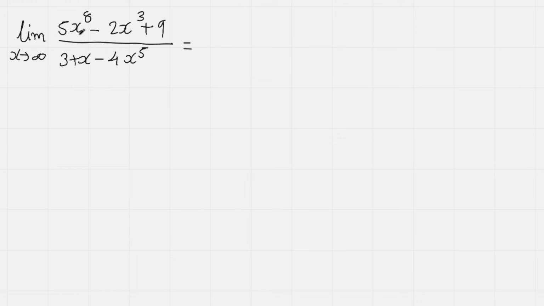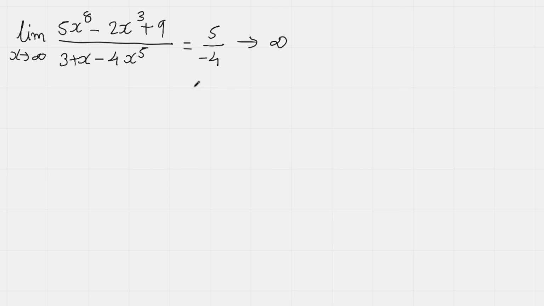Since the coefficient of x^8 is 5 and the coefficient of x^5 in the bottom is negative 4, this is a negative number, and since x approaches infinity, this will approach infinity. Sorry, this will approach negative infinity. Now let us see how we can derive this.